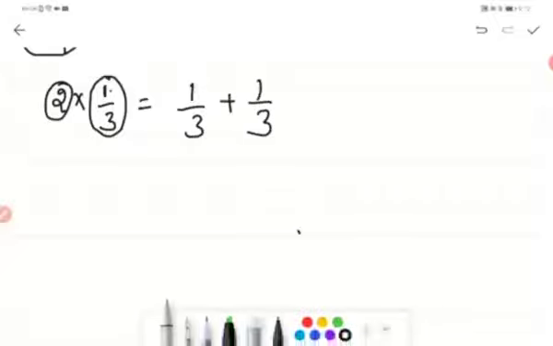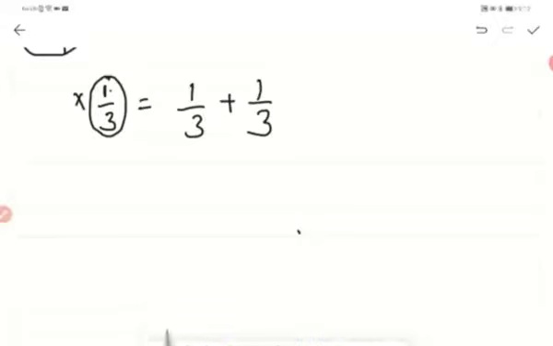Now let me take 3 here instead of 2. In the last example also we took 2. So let me take this as 3 into 1 by 3. I can write this as adding 1 by 3, 3 times, isn't it?